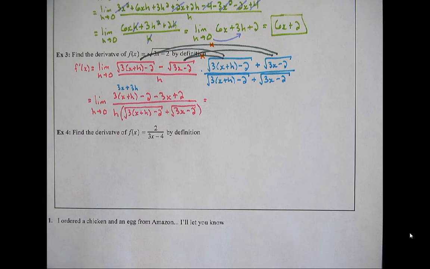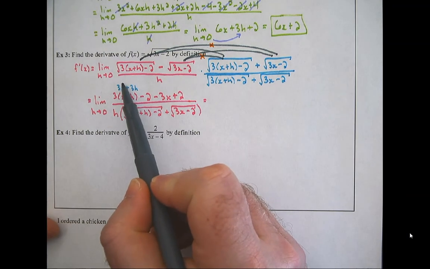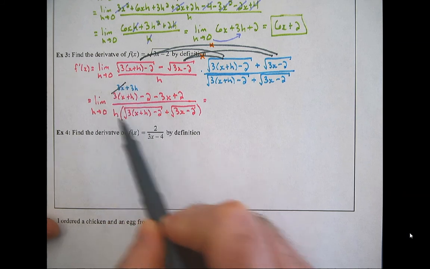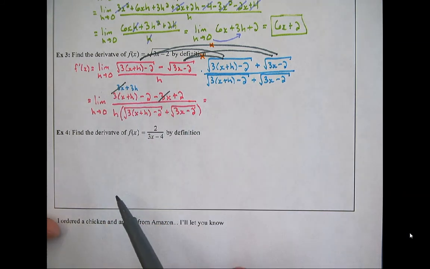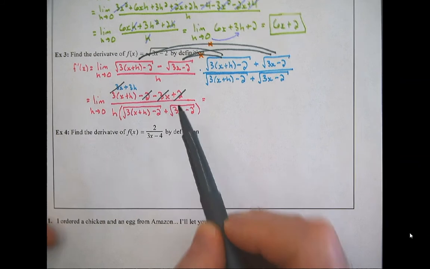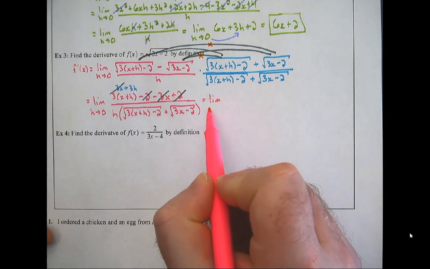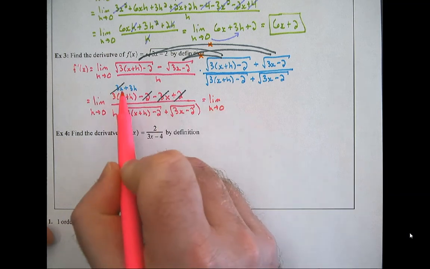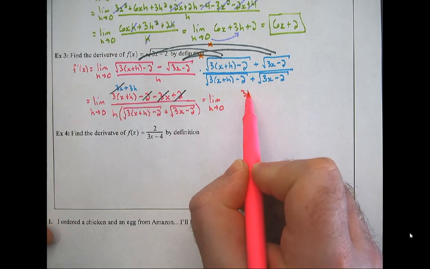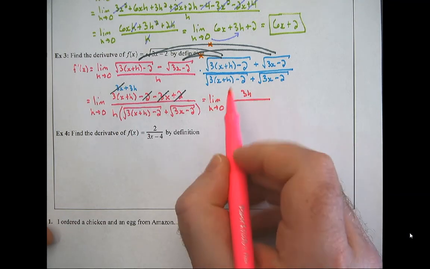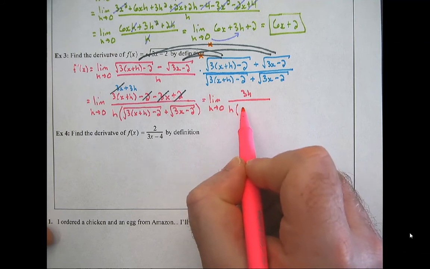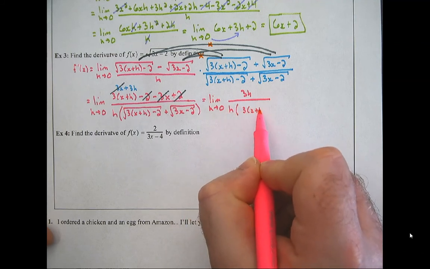So let's see. What should happen here? Non-h stuff should cancel. So I've got a 3x, a minus 3x, a minus 2 and a plus 2. So that leaves me with the limit as h approaches 0 of 3h over h times the quantity, and I know it's a pain, but you've got to rewrite this.